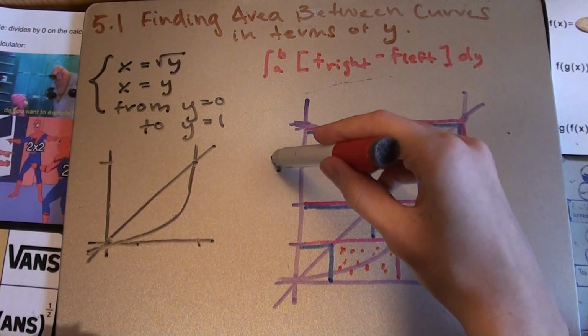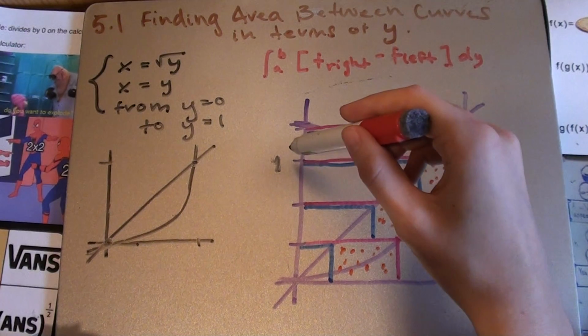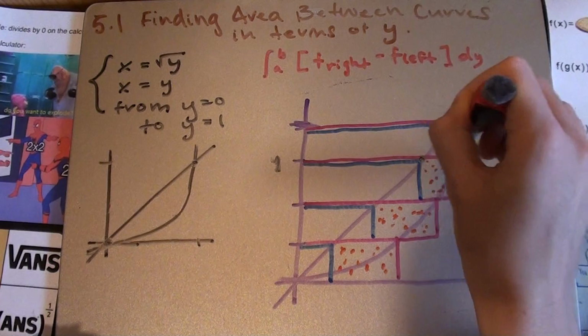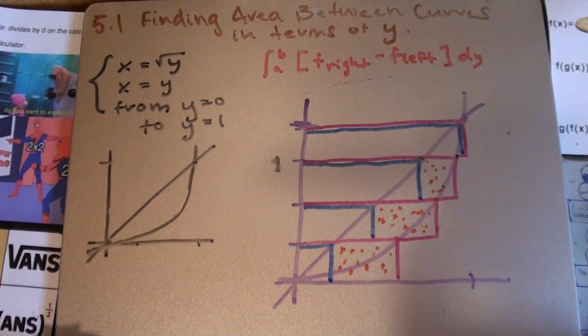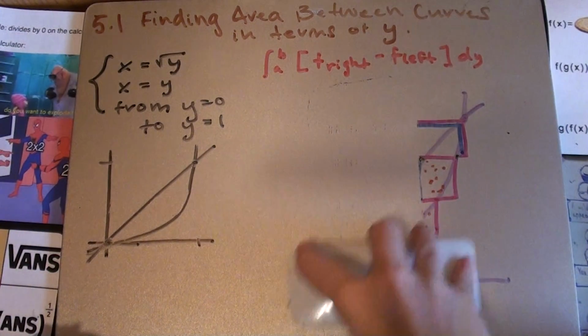So at the same point y, we subtract the pink length minus our blue length, and that's going to get us our length. And we're going to have a similar method when we use integration to figure out what our area is.